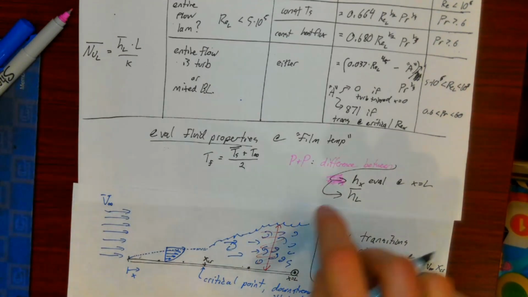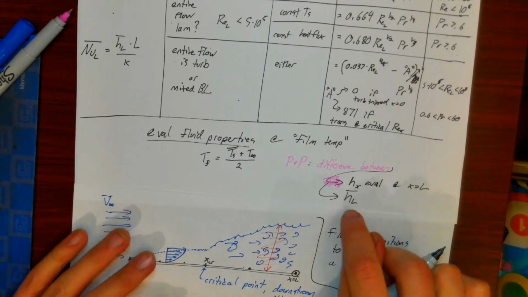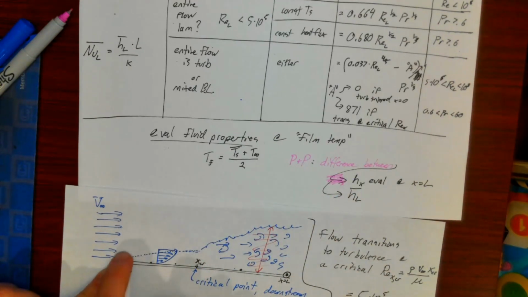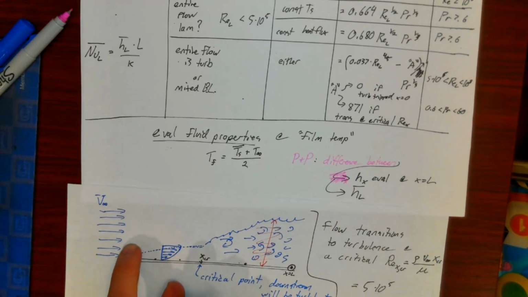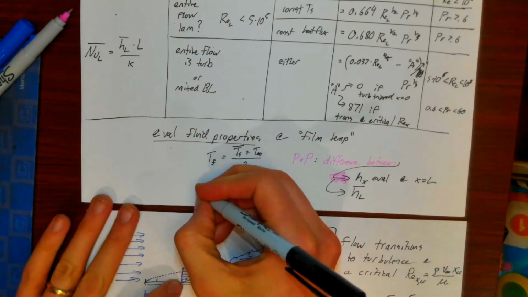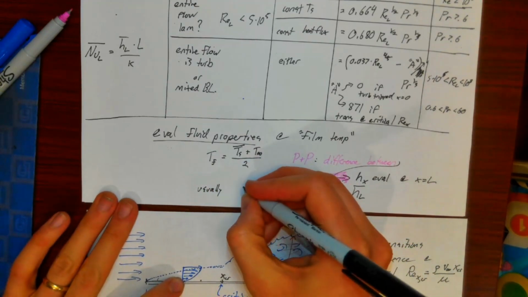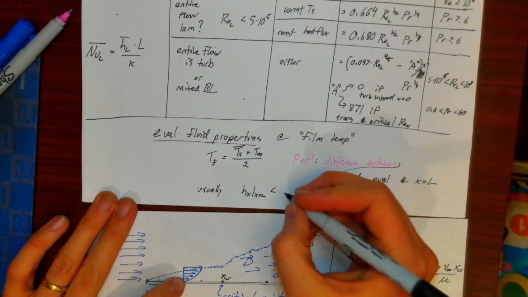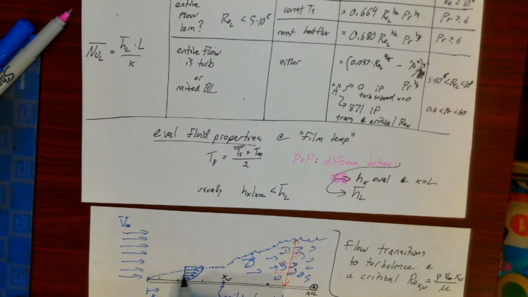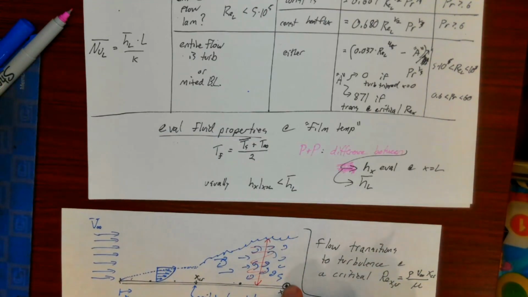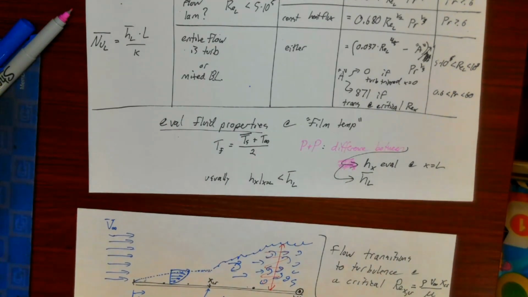So almost always h sub x at x equals L is less than the averaged h-bar sub L, because the averaged one takes into account the region at the leading edge where there's more effective heat transfer between the plate and the fluid, whereas the local one is just what's happening at that single point downstream.